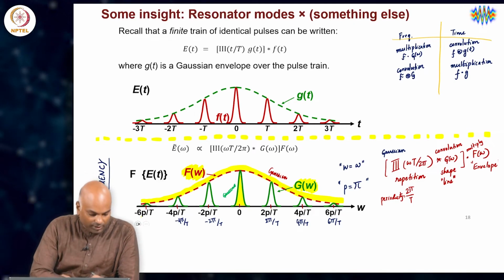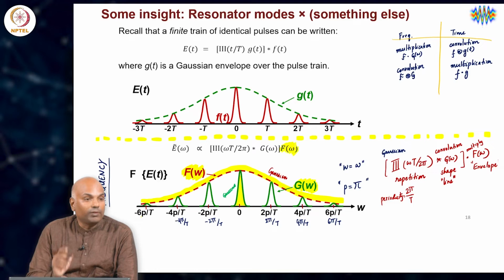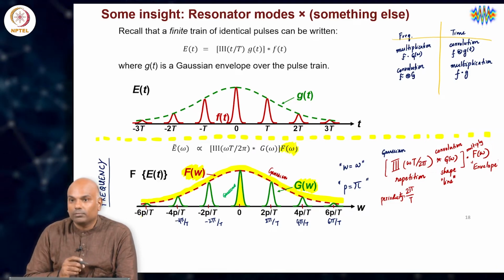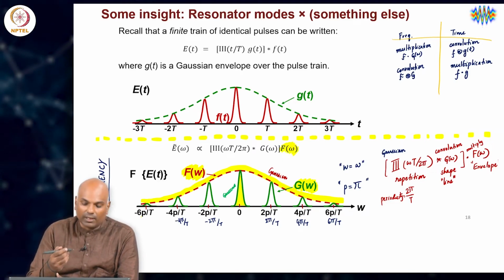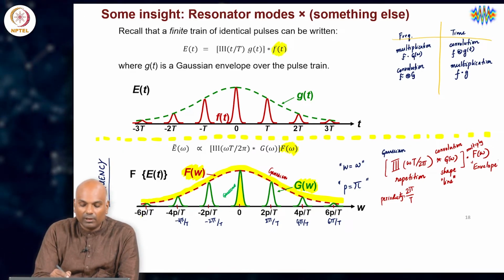I take the function f of omega, find its Fourier transform, or its inverse Fourier transform in this case. I go from the frequency to the time domain. So, inverse Fourier transform it, get f.